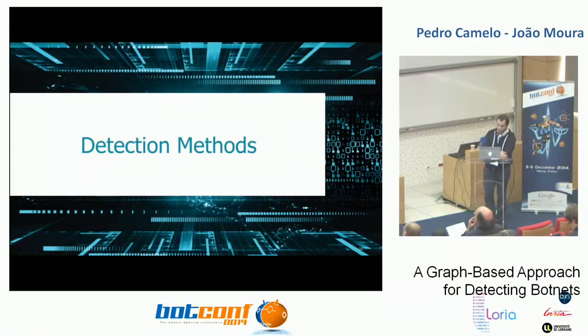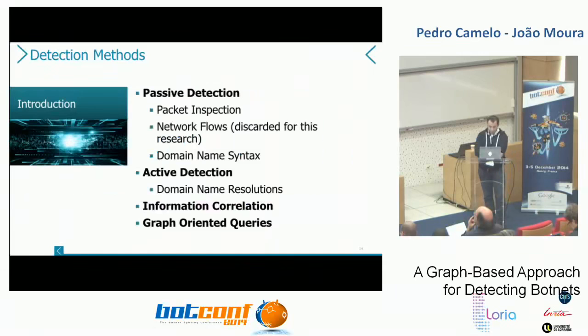So detection methods, the part that matters. We divided this in two main types, passive and active detection. On the passive one, we highlight packet inspection and domain name syntax.